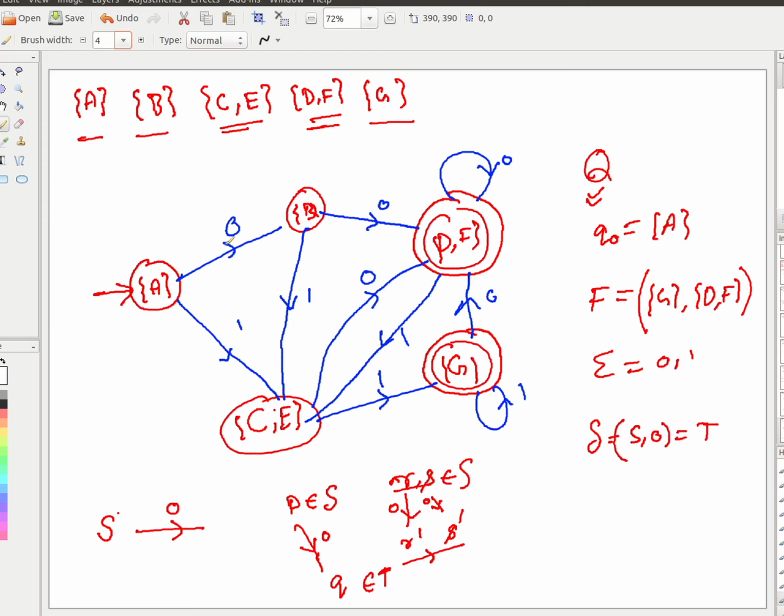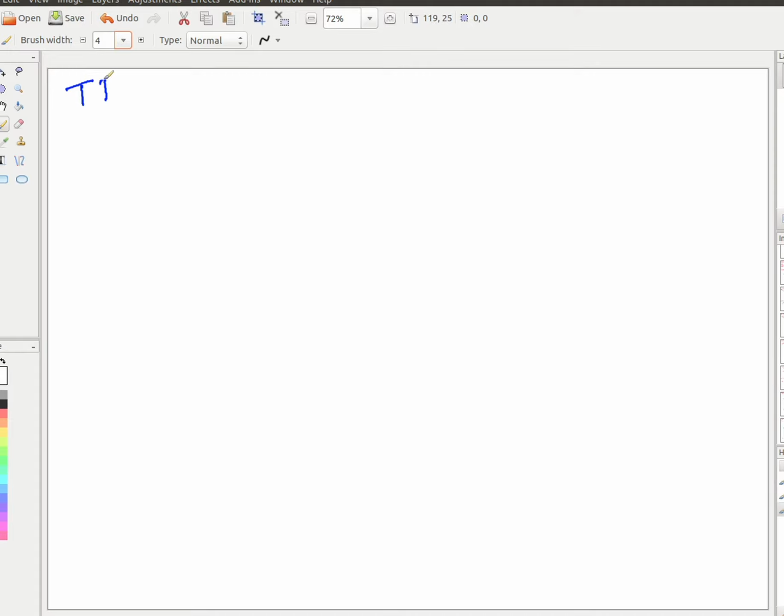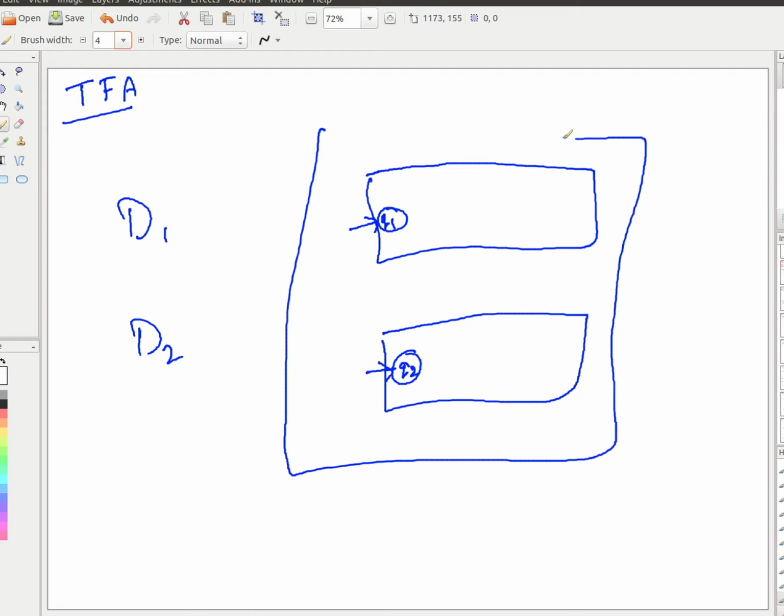Okay, that you think about. Now see, you can always use this table filling algorithm for another thing. If you are given two machines D1 and D2, so there are two DFAs given to you, this is the start state for D1, Q1, and this is the start state for D2, Q2. If you want to check the equivalence between two DFAs, you just assume that this is a single machine. Start state has no role in the table filling algorithm, right?